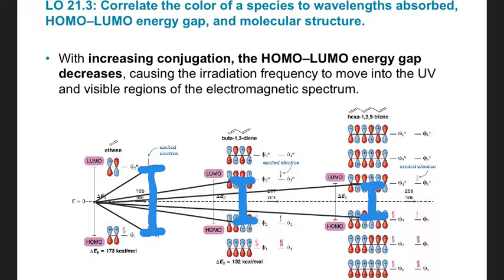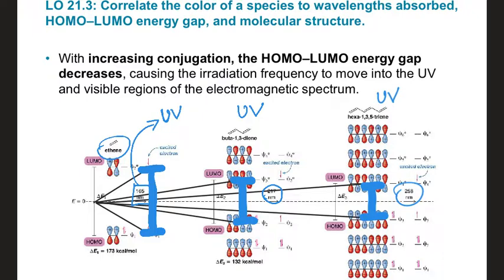All right, and so on the leftmost one, we have ethene. You have a large gap there corresponding to 165 nanometers. That is going to be in the ultraviolet region. For buta-1,3-diene, the gap correlates to an energy of 217 nanometers. That's also ultraviolet. For hexa-1,3,5-triene, 258 nanometers. That's also going to be ultraviolet.